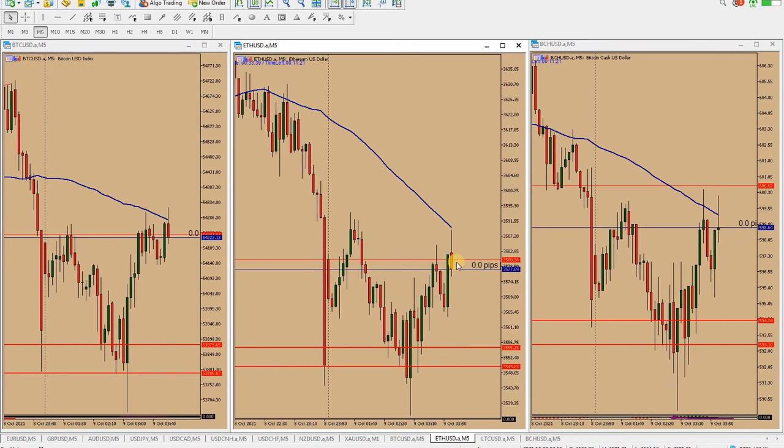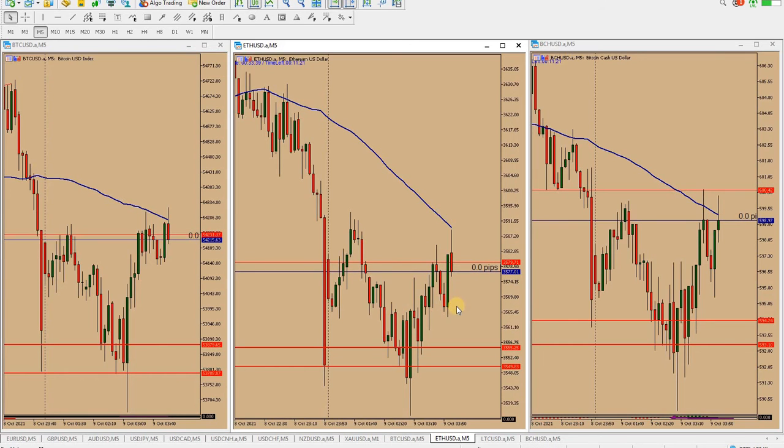The reason is that the asking price and bidding price also have to touch the level, not only the candlestick. That's the reason so many people are making mistakes. They think if the candlestick touches the level it has to close. You can close it manually, but if you are not at the computer and you put the stop loss and take profit, and the asking price does not touch your level, the platform will not close your trade.